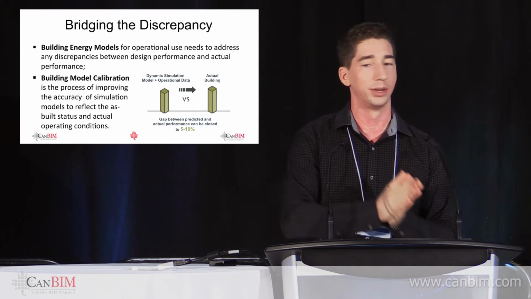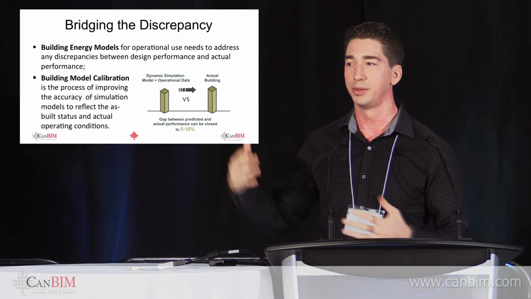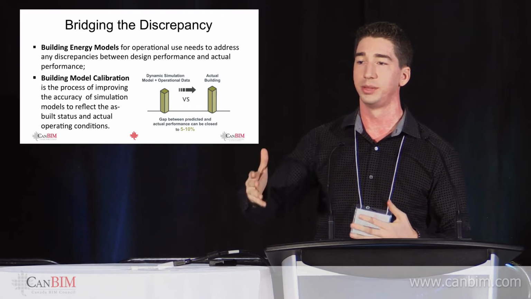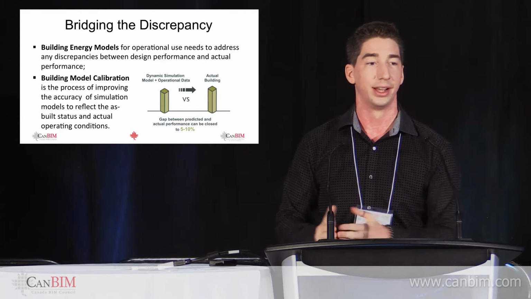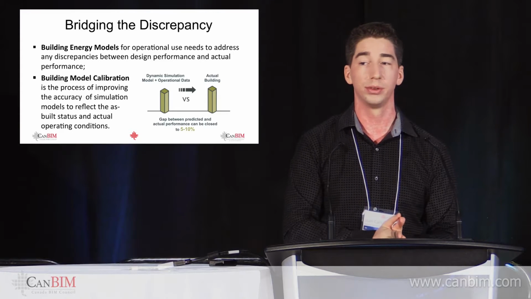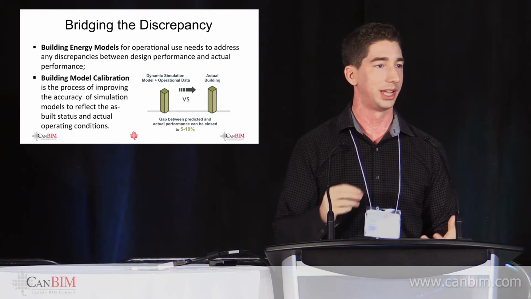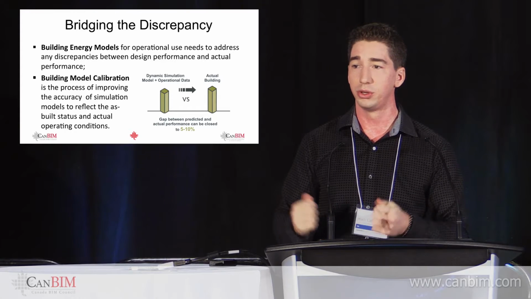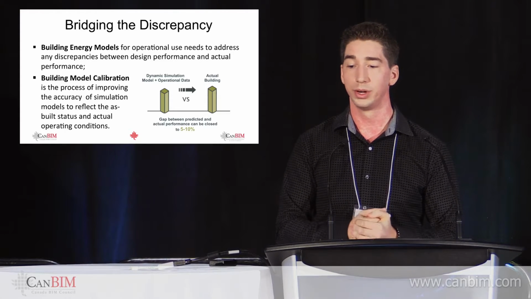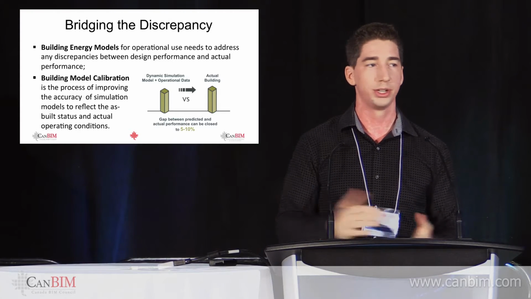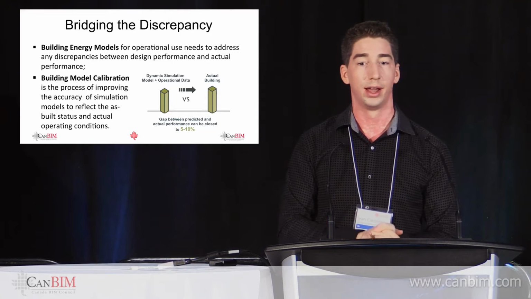So what we're going to do is bridge that performance gap, and bring our operational profile into our simulation, and we're going to get a much closer, 5–10% closer. We're going to be able to save maybe another 5–10% energy by tuning and understanding how the building works. This building calibration process is done really, really easily with our software.